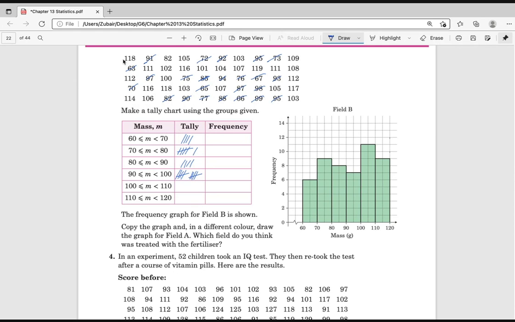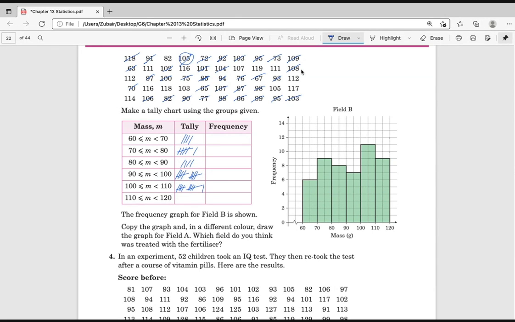100 to 110. 1, 2, 3, 4, 5, 6, 7, 8, 9, 10. And 110 to 120. 1. And I've missed this in the previous one. 11.